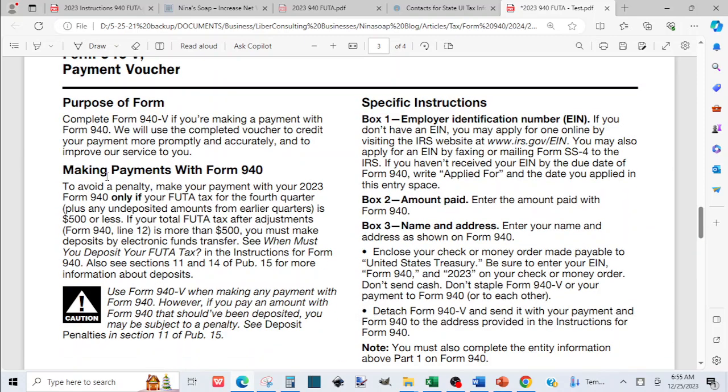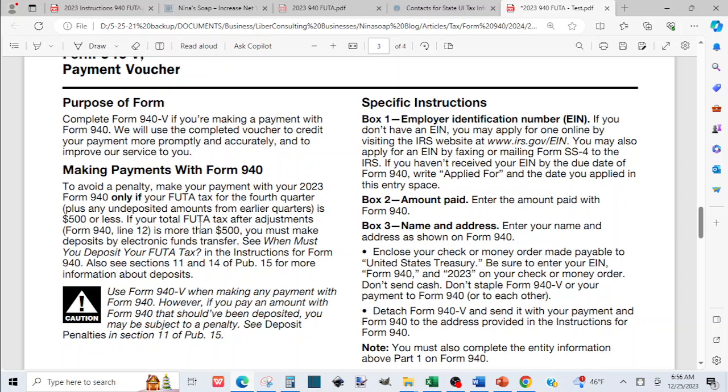So now they have some conditions here, and to avoid a penalty, make your payment with your 2023 Form 940 only if your FUTA tax for the fourth quarter plus any undeposited amount from earlier quarters is $500 or less.